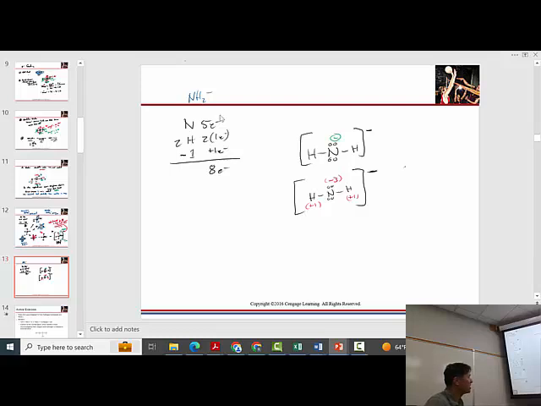So the net charge in this case is the sum of the oxidation states, and also the sum of the formal charges. It's going to be negative 1. All right, that's a net charge. And so, in other words, this is just an ion. It's the amide ion.